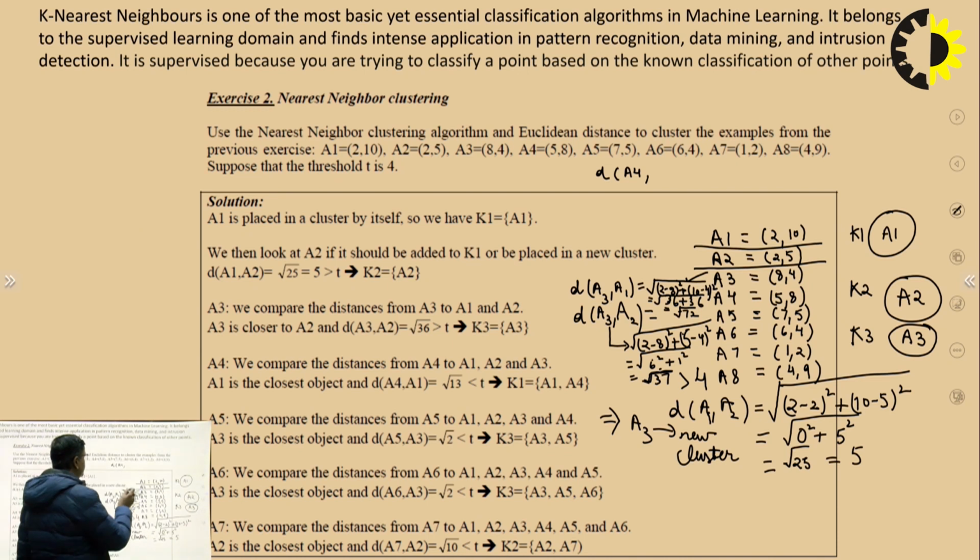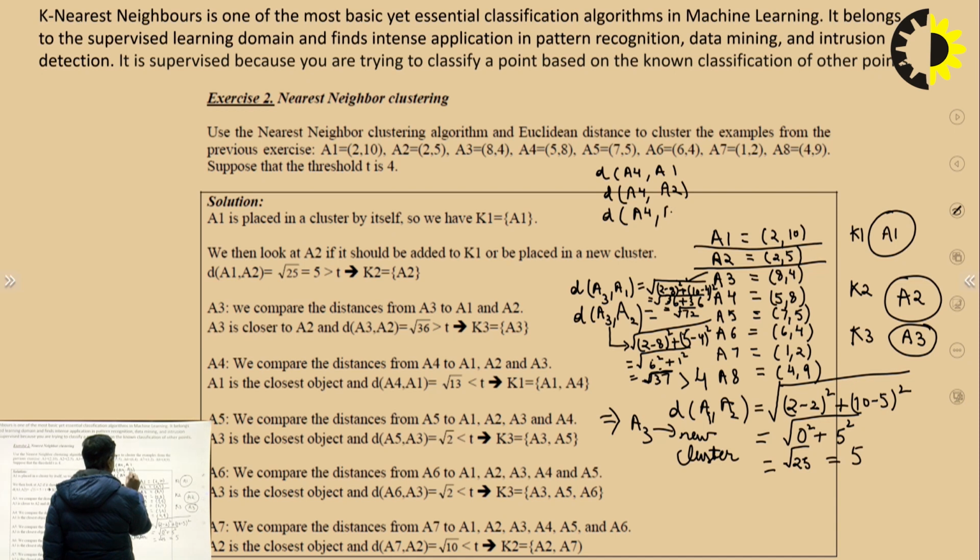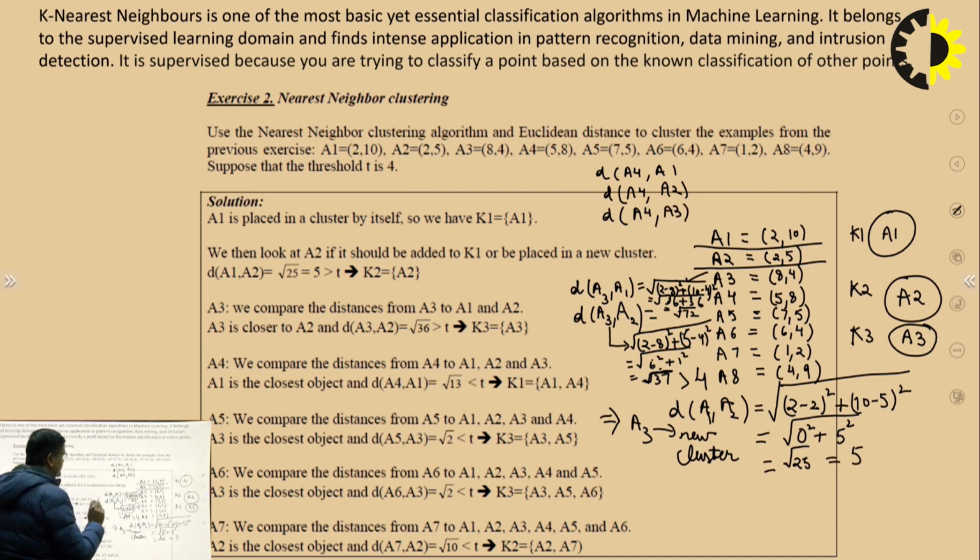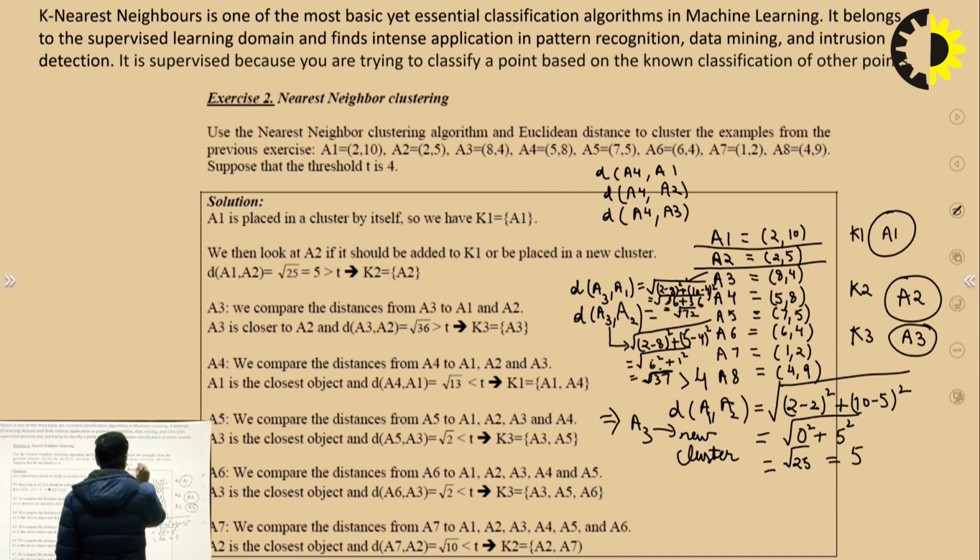That means we will have to calculate the distance of A4 with respect to A1, A4 with respect to A2, and A4 with respect to A3. We will calculate all these Euclidean distances one by one.